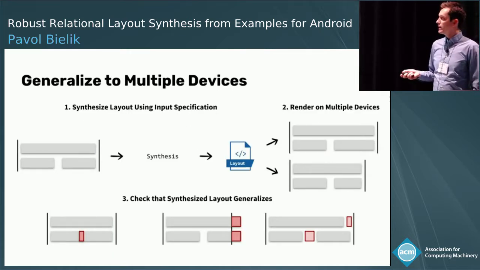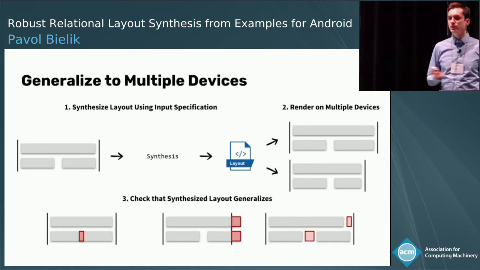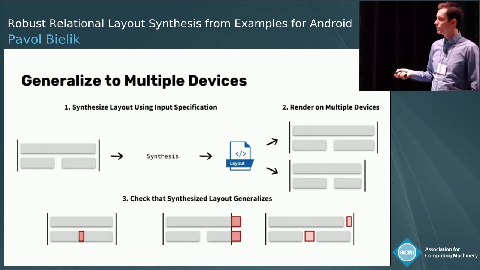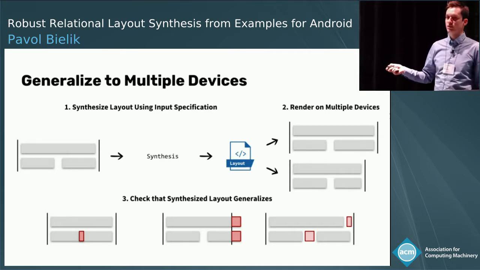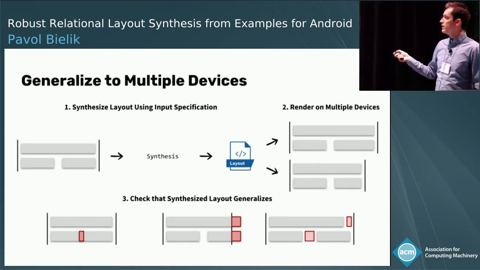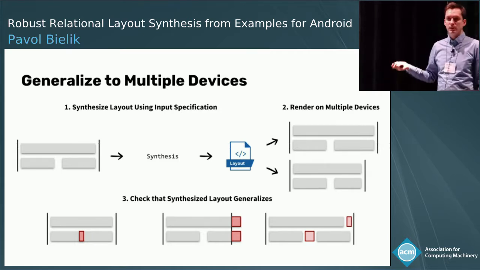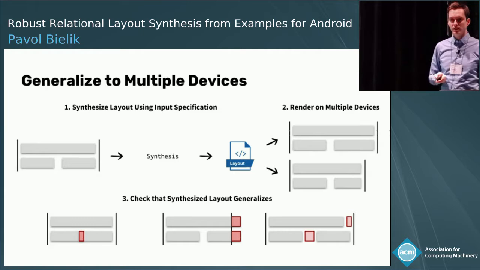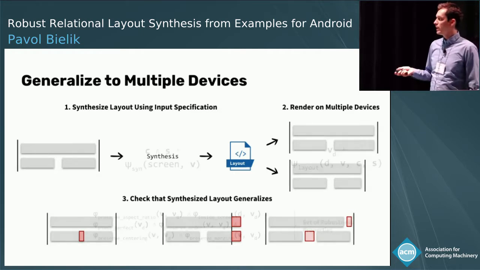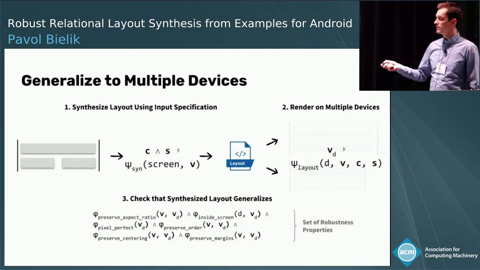And with this, now how do we actually generalize to multiple devices? So intuitively what we want to do is synthesize a layout using the input specification for a single device. Then you render it on multiple devices, and then you check if there are any errors on any of these multiple devices, right? And it turns out that you can encode all of these parts as a formula.